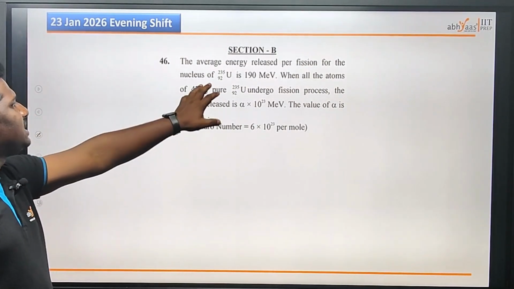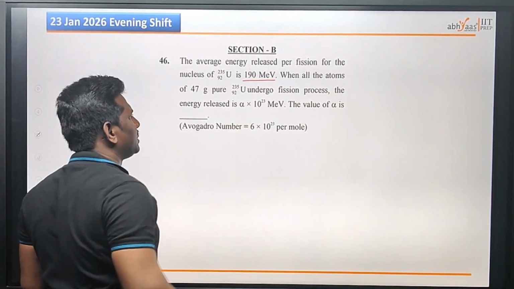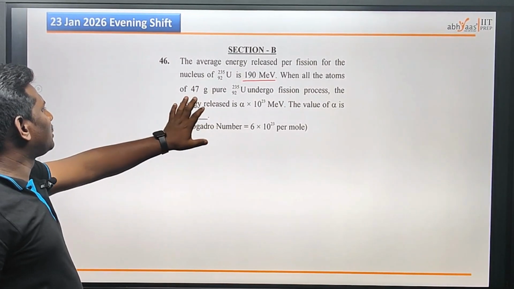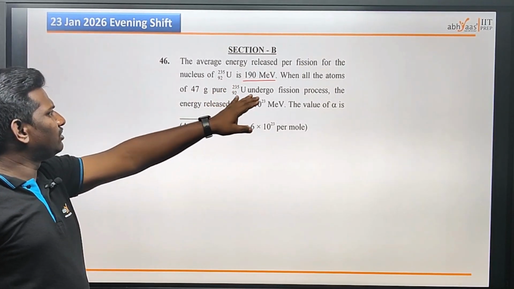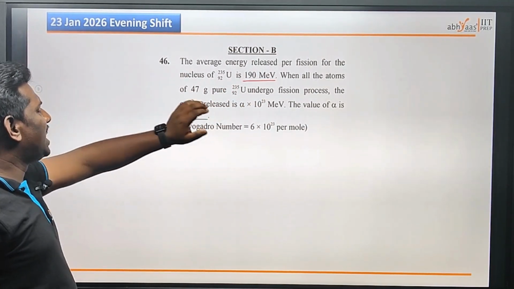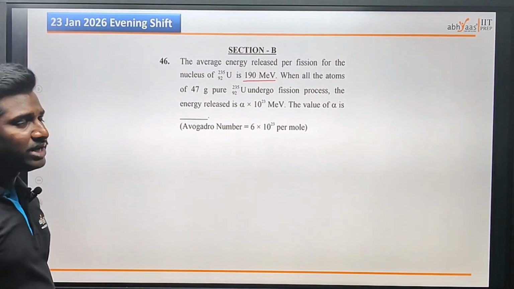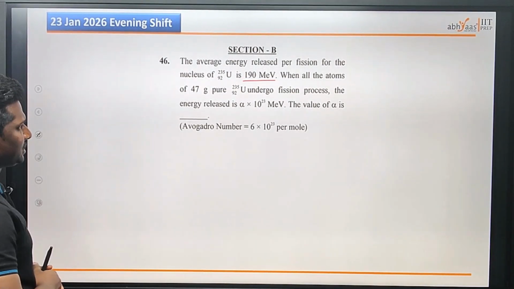The average energy released per fission, that is 190 mega electron volts. When all atoms of 47 g pure uranium-235 undergo a fission process, the energy released is alpha times 10 to the power 23, then find the value of alpha. How to find energy released?